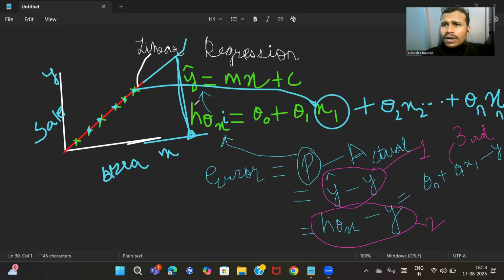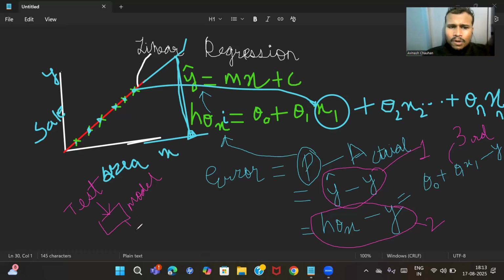Okay. So basically, what is hypothesis? Initially we have our test data, and we pass the test data through our model. This is our model.